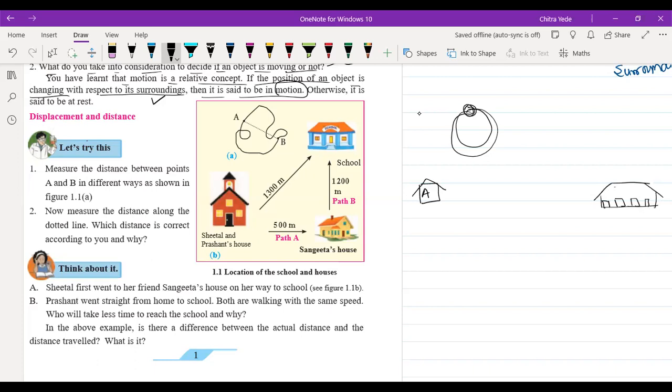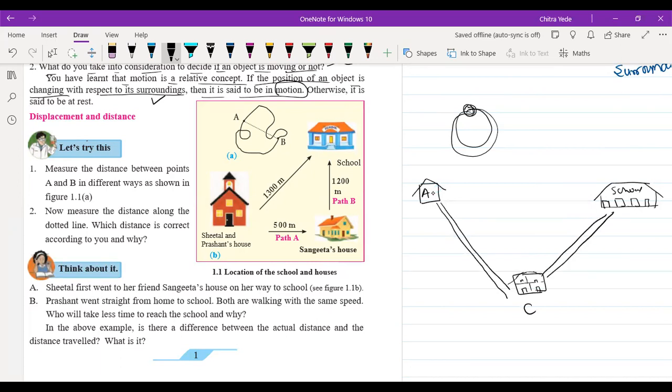And here we have Chaitanya's home, a multi-story building. So Arham used to go every day to Chaitanya, and then together they go to school.